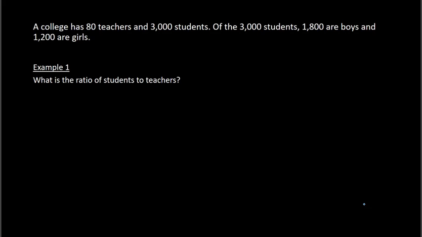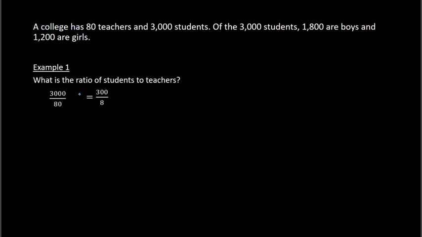So the ratio is simply comparing the two numbers with students and with teachers. So there are 3,000 students and there are 80 teachers. So the ratio would be 3,000 to 80 or 3,000 over 80. That is the same thing. And then always reduce your ratios. So you can divide the top and the bottom both by 10 to get 300 over 8.